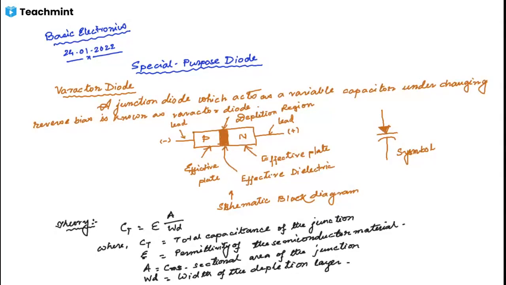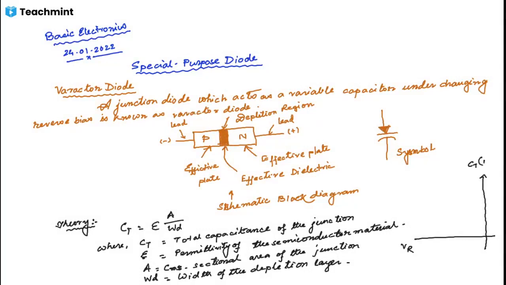So if you draw the characteristics curve, then it will look like this. This is the variable resistance and this is the junction capacitance C_T.